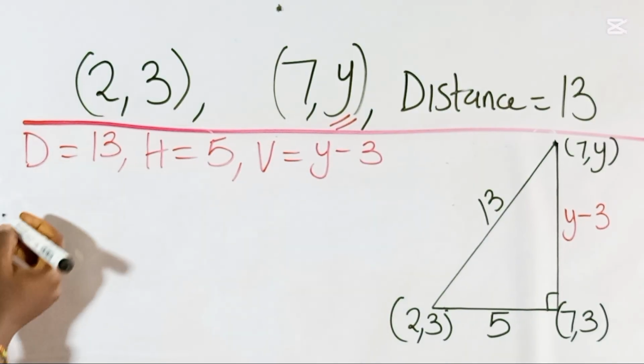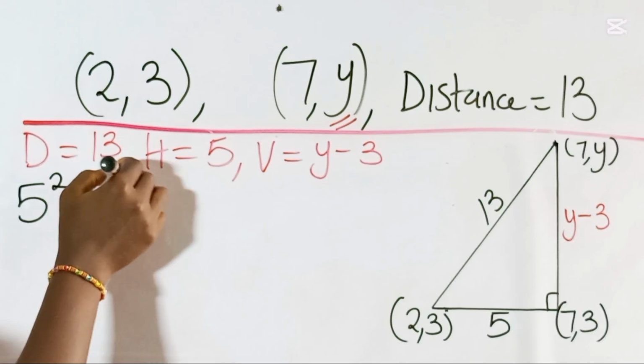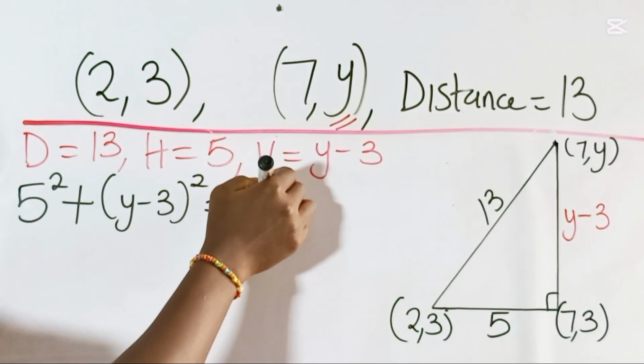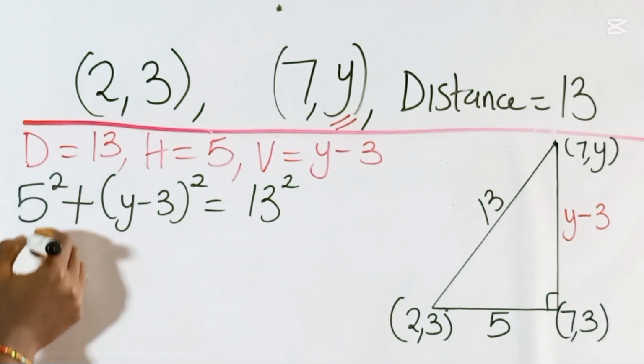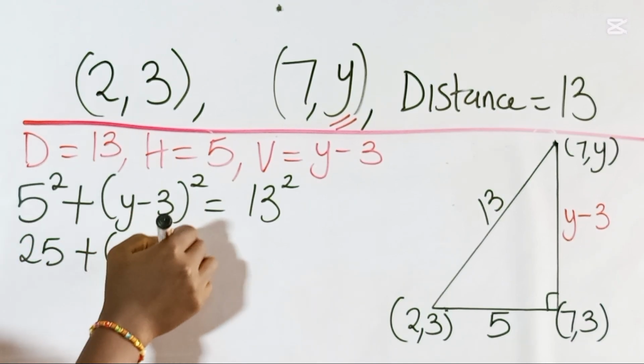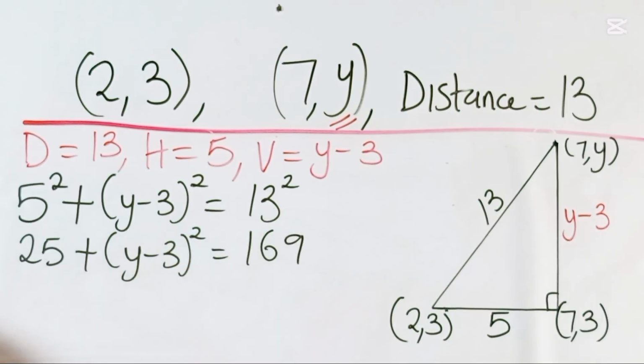We're going to have it as 5 squared plus (y minus 3) squared is equal to 13 squared. So this gives us 25 plus (y minus 3) squared equals 169. We're going to subtract 25 from both sides.